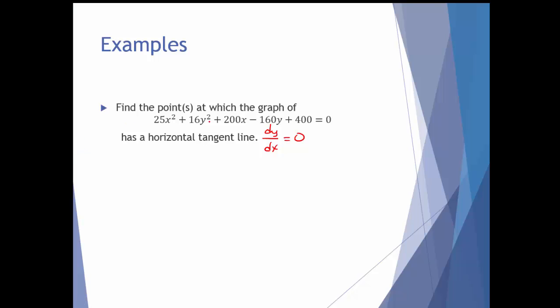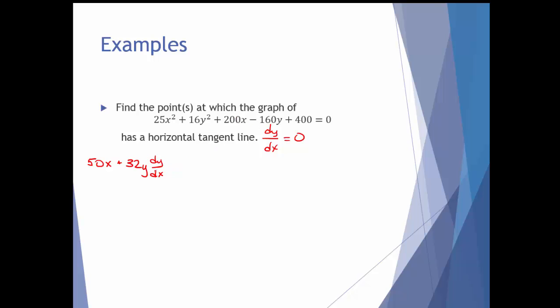Okay? This one is an implicitly defined equation. So when we take the derivative of the left-hand side, the derivative of 25x squared, these are dy/dx's. So the derivative of 25x squared with respect to x is going to be 50x. The derivative of 16y squared is going to be 32y dy/dx.